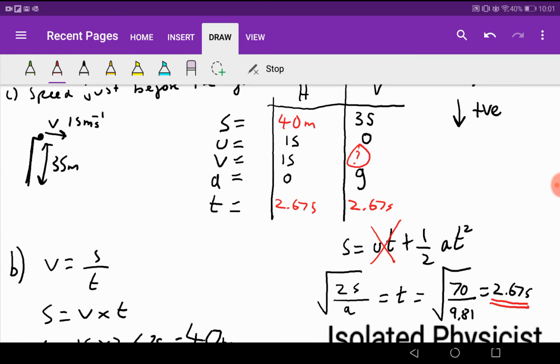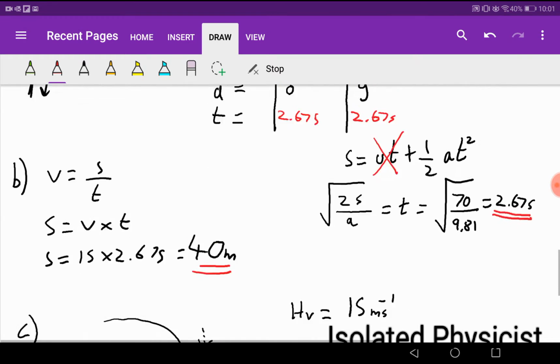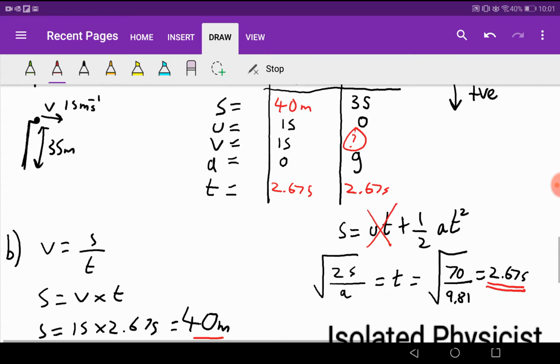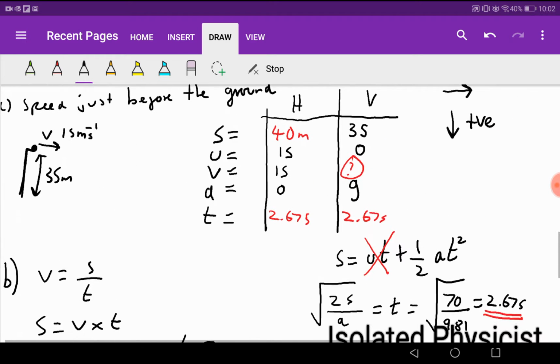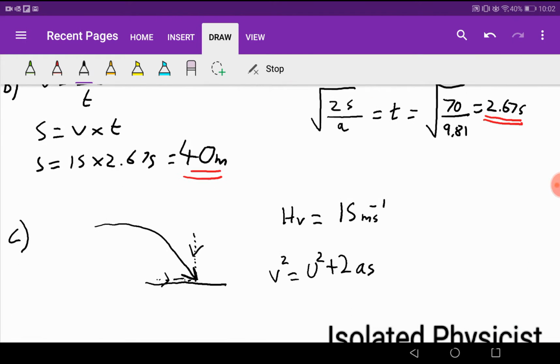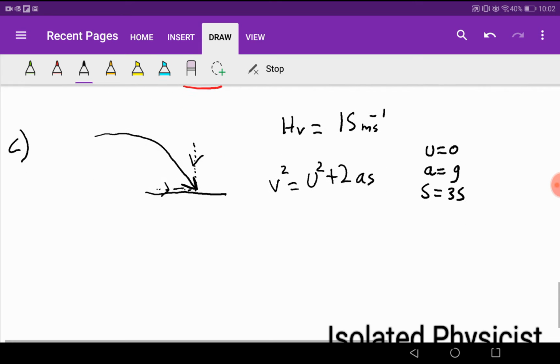I'm only going to use S, U, and A, because if I use T, I'll get a bit more of an error. So I'm going to use V squared equals U squared plus 2AS. Don't forget, U equals 0, A equals G, and S was 35. Now, U is 0, so we can just cross it out straight away.